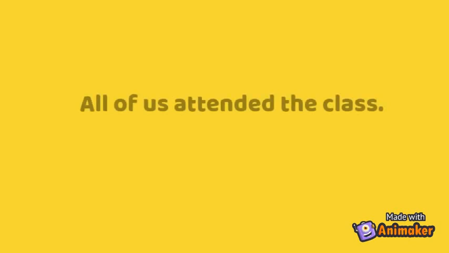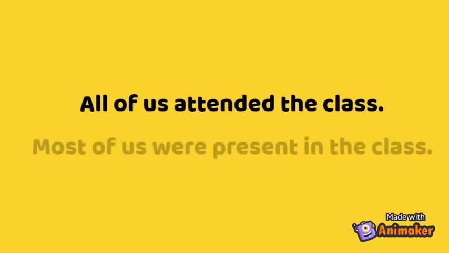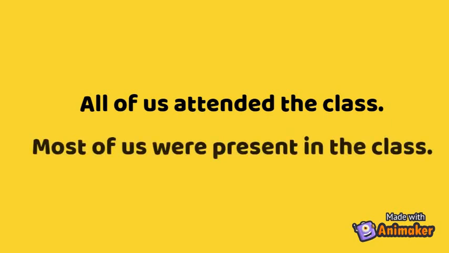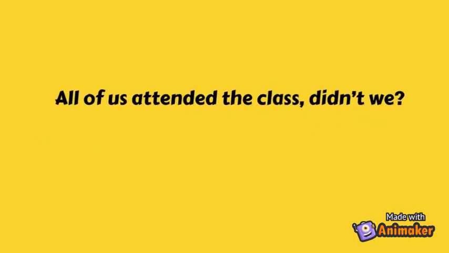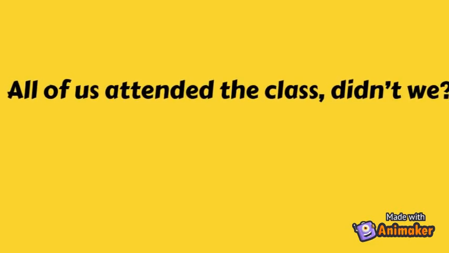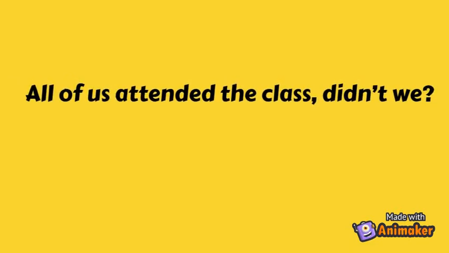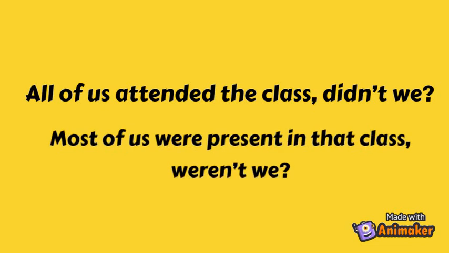We may get some sentence like all of us or most of us. All of us attended the class, or most of us were present in the class. So if we have this kind of sentence, we use we. All of us attended the class, didn't we?